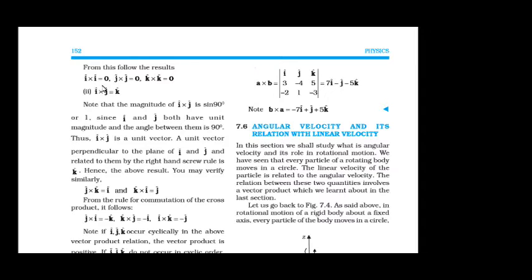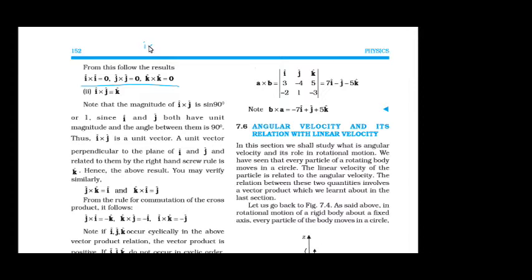From this follow the results. I cross I is equal to 0, J cross J is equal to 0, K cross K is equal to 0. So remember this. Why is this 0? A good question.